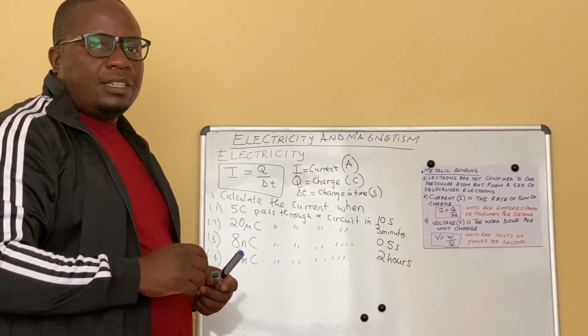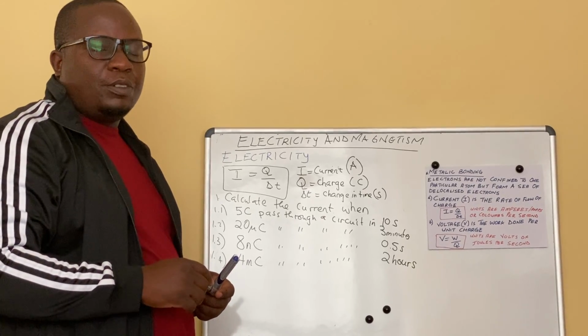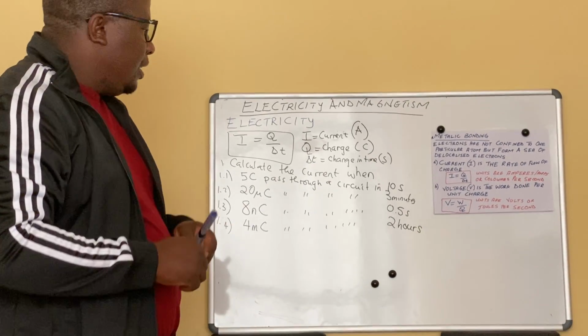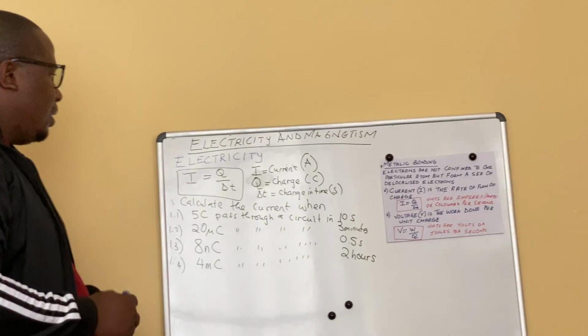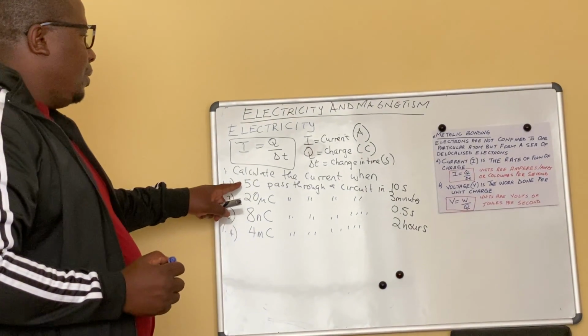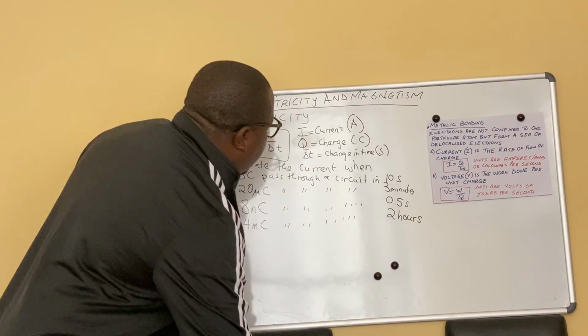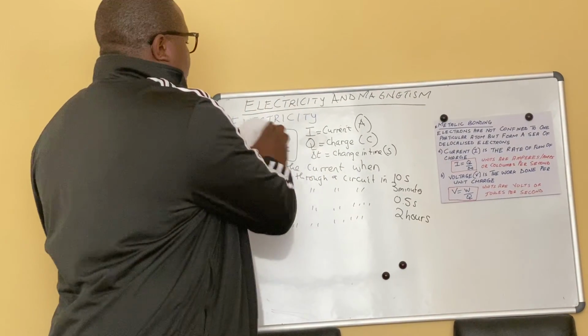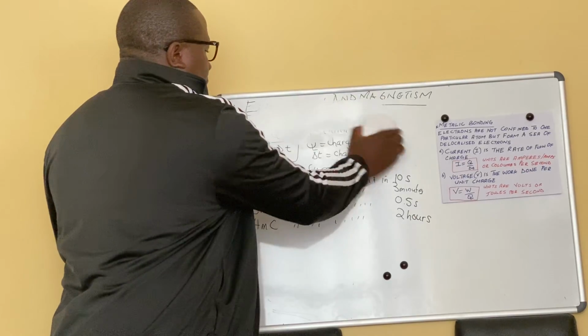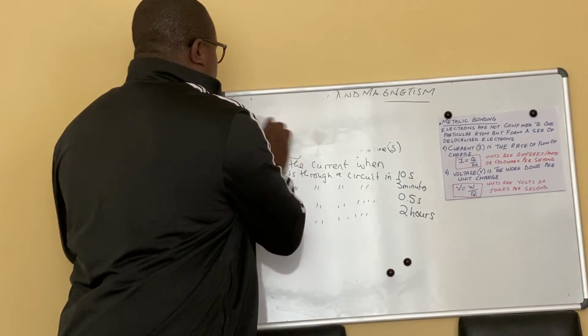So I hope you guys have paused the video. We are continuing. Right, let's look at it now. So what you do here is, we are supposed to calculate the current, so we are using the formula. So let me just squeeze it here on top so that we can see it clearly.